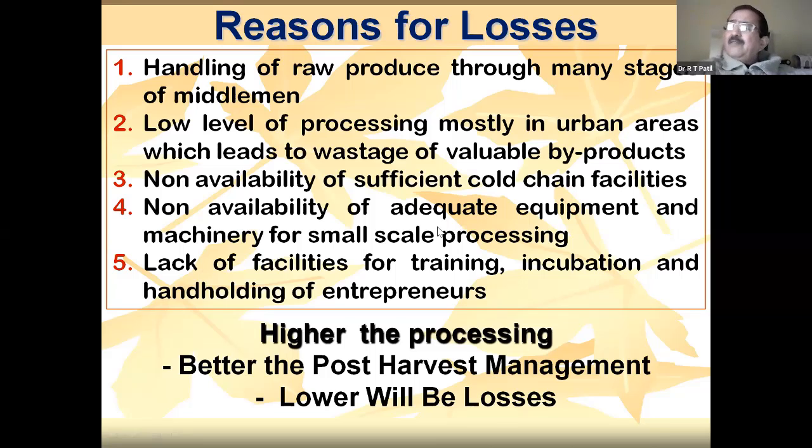Farmer will remain poor only. But unless processing industries come into the production catchment and buy directly from the farmer, and when they buy from the farmer, they will like to have the particular kind of variety grown for their processing purpose.